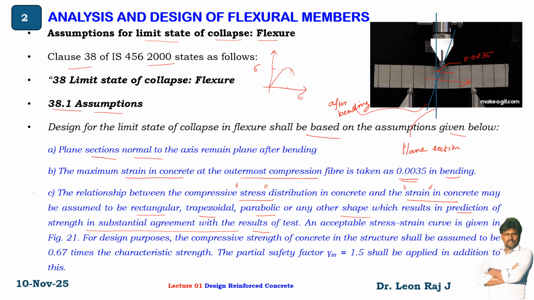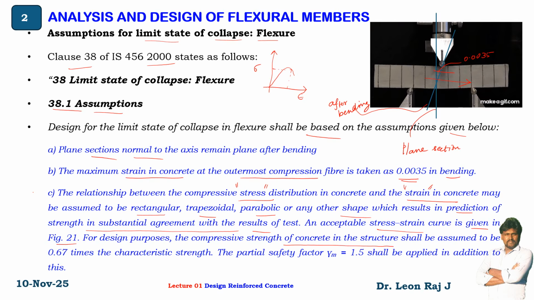An acceptable stress strain curve is given in figure 21 of IS 456. For design purposes, the compressive strength of the concrete in the structure, not the cube compressive strength, is different.